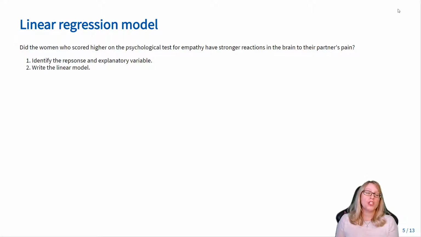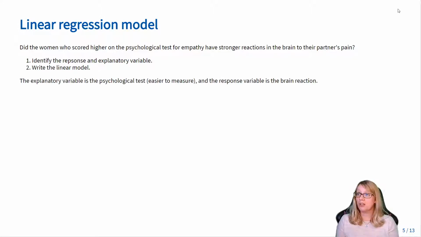So here's our question. Do the women who are scoring higher on that psychological test for empathy have stronger physical reactions in the brain to watching their partner's pain? So let's start with the response and the explanatory variable here. Our explanatory variable might be the level of empathy. A person who is more empathetic might feel more pain versus someone who is less empathetic.